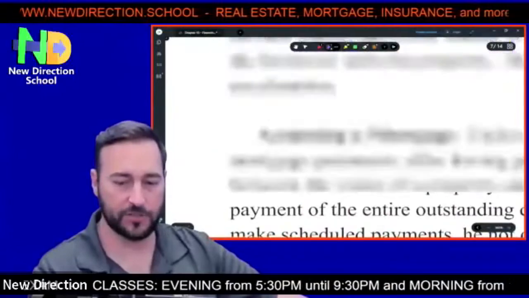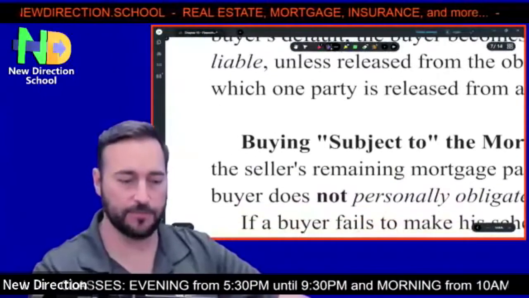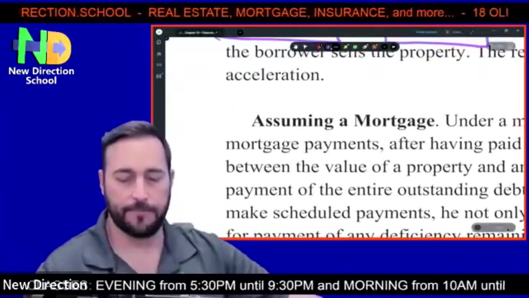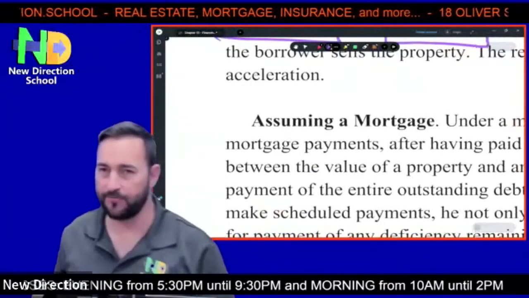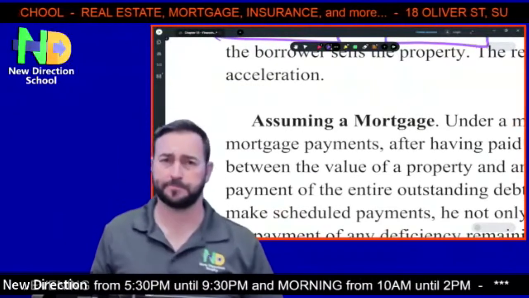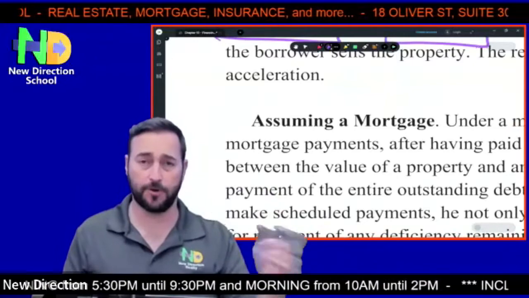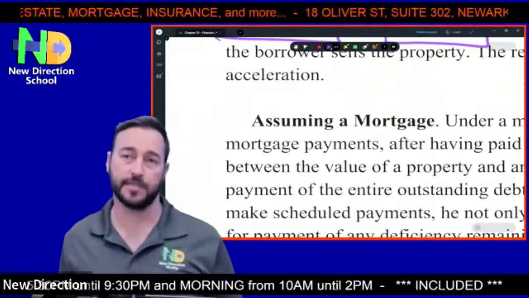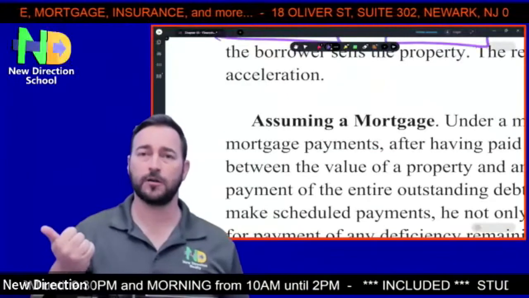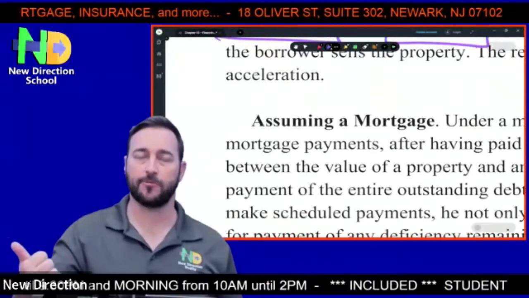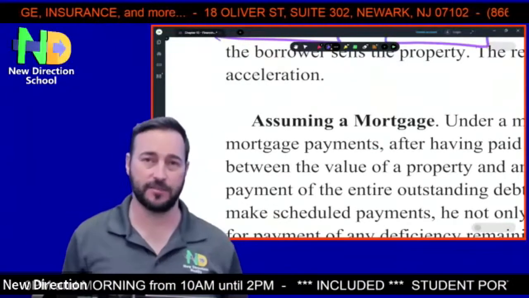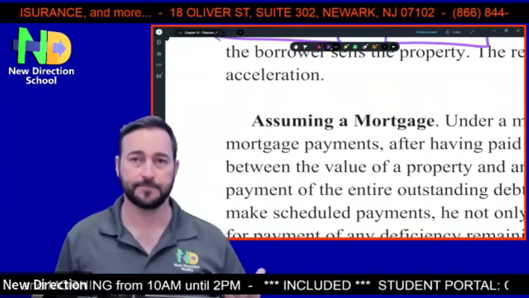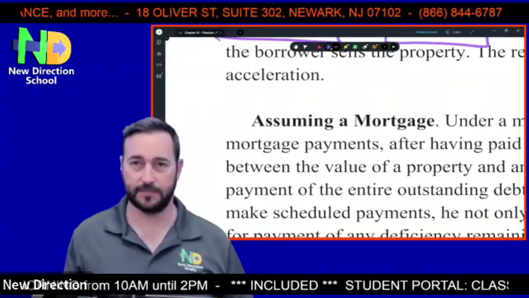So let's talk about assuming a mortgage and then subject to. We did talk about before assigning a property, right? It's the same scenario. When you assign the property, there's liability. The assignor remains liable, but the assignee is primarily liable, right? You guys remember that? Tell me you remember. Yes? No?